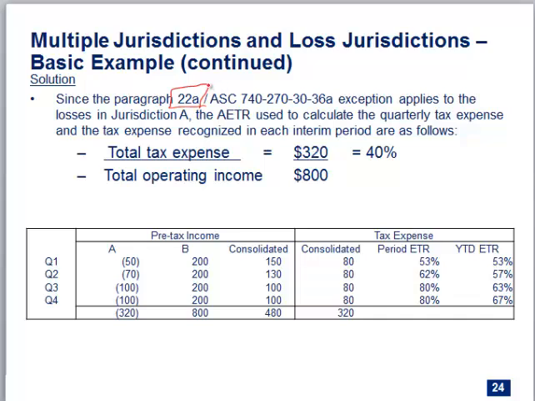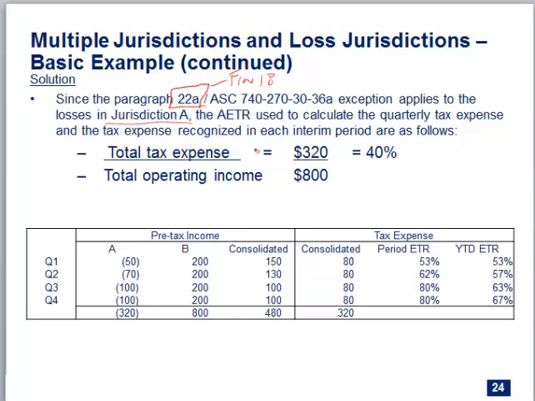So in the old FIN 18 guidance, FIN 18 had paragraph numbers, and paragraph 22A was this rule. And it basically said that you should exclude jurisdiction A, because jurisdiction A is a loser, right? It's losing money and you can't benefit the loss.